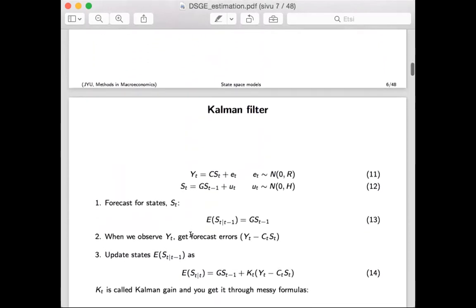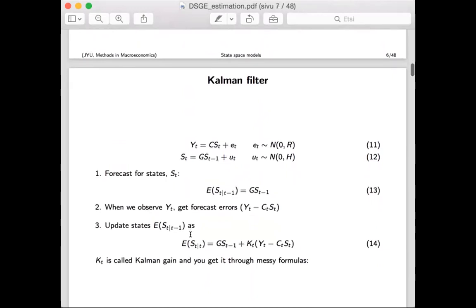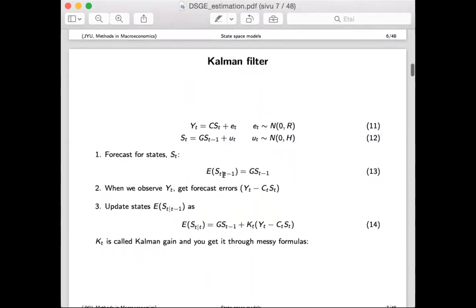So let's see this process in more detail. When we have to forecast for state for period t, conditional on information of t-1 is here. Then we obtain period t information, and we get forecast errors using the measurement equation.